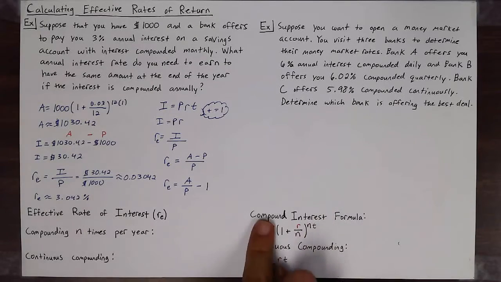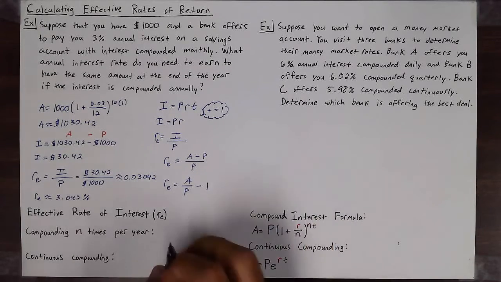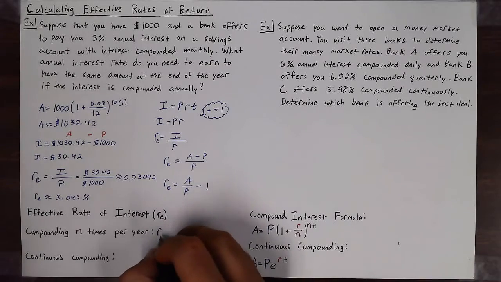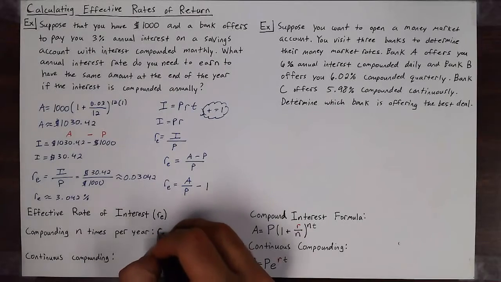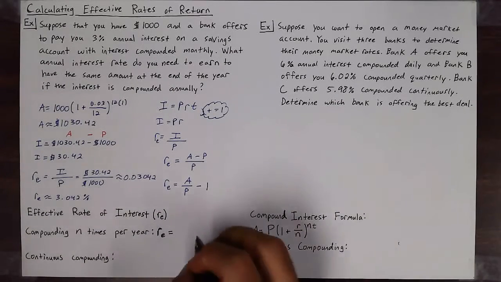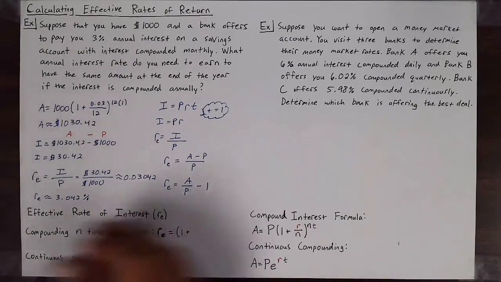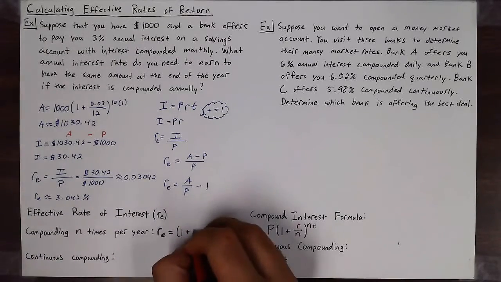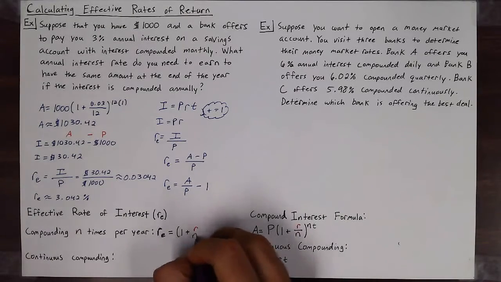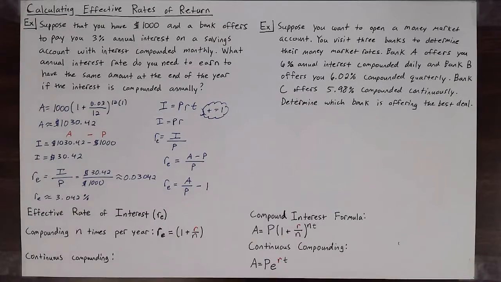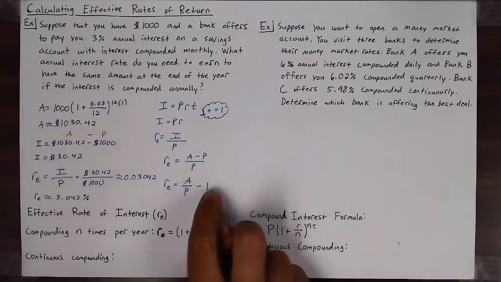And if I divide by P, P also goes away, and I'm left with R sub E, which is the effective rate of return, is equal to 1 plus the rate over the number of compoundings, to the number of compoundings, and then minus 1.